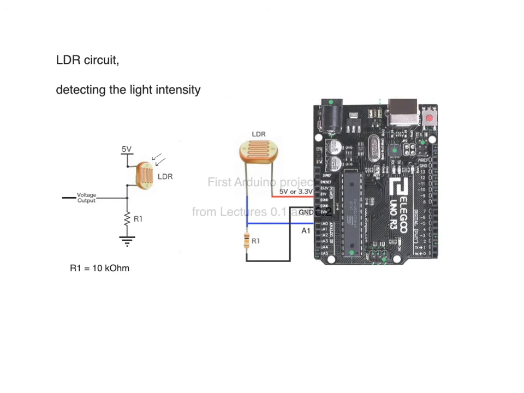If you remember our first sketch in our earlier video, I will use the same circuit to receive the LDR data. The LDR circuit consists of a light resistive sensor and a 10 kilo-ohm pull-down resistor. The circuit is powered by either the 5 or 3.3 volt pins.